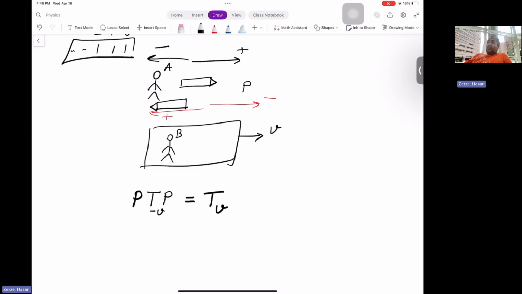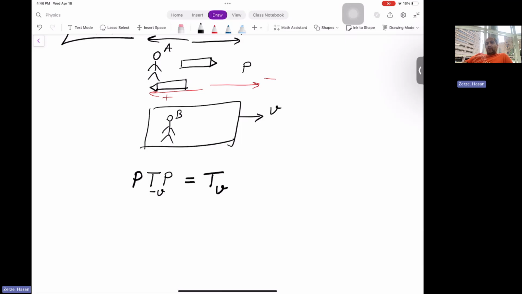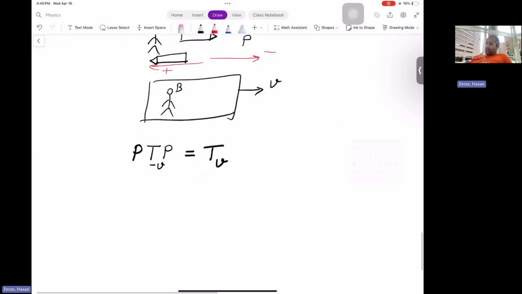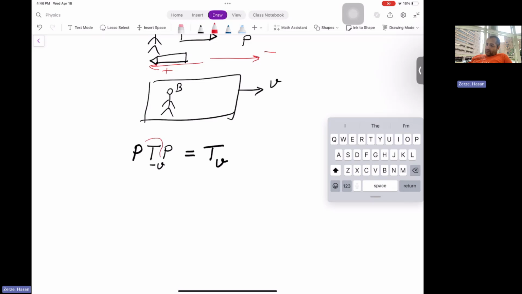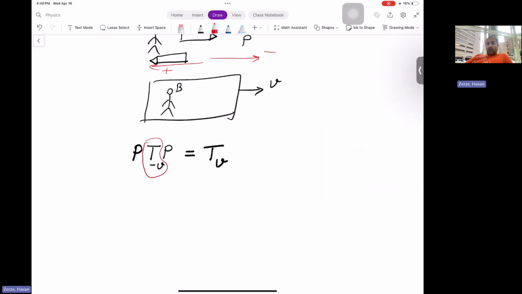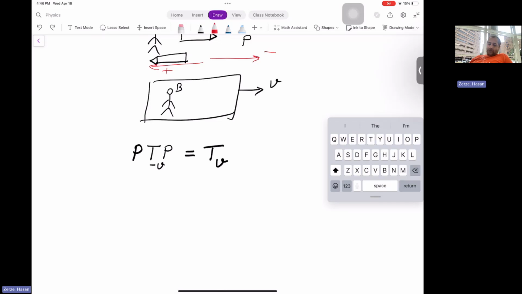The reason is because I applied the parity operator twice. Now the coordinate system turned back to its original direction. Okay, now I have the plus along the right and minus along the left. But the important part here is that when you apply the first parity operator, the second transformation TV is based on the velocity negative v, so that's why we apply the Lorentz transformation for the velocity v.